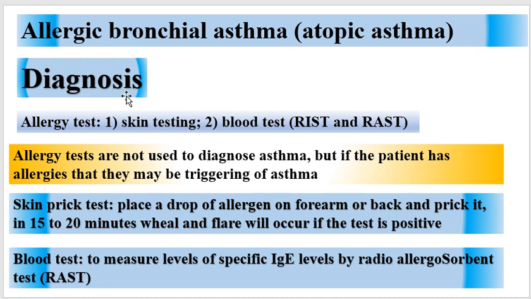So for diagnosis, we use some methods, for example, skin prick test to determine the triggers or the allergens and to sort out if the patient is allergic or not.